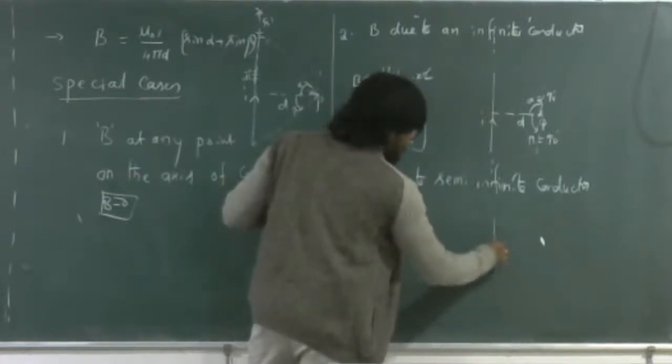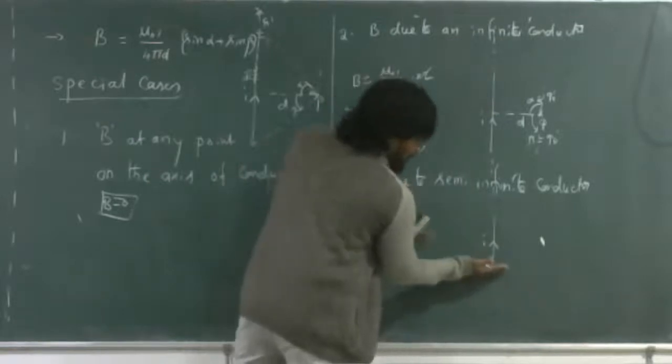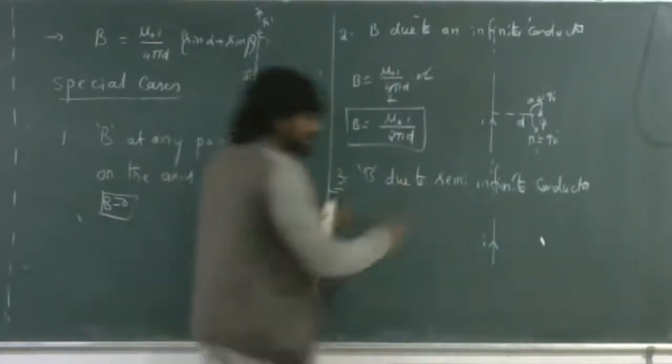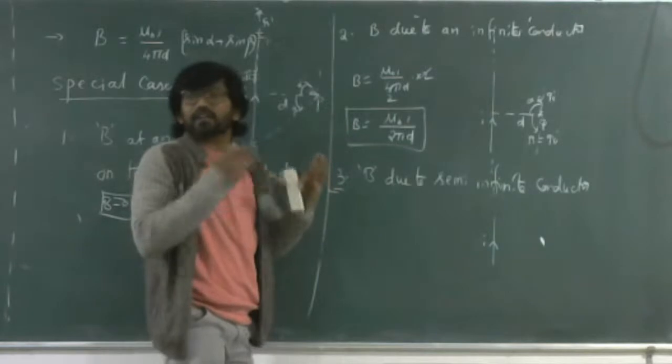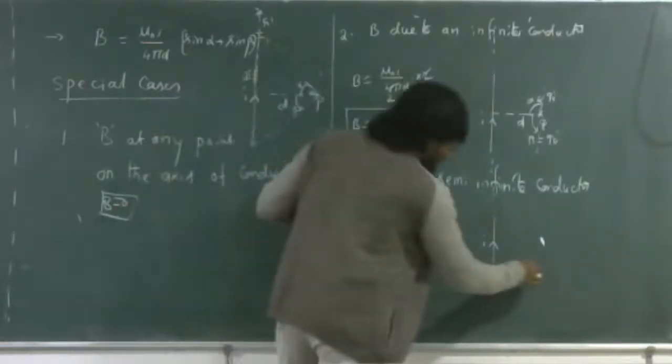If you have a conductor in which current I is flowing, going to infinity, but you are near one end, this is the same as a semi-infinite conductor.